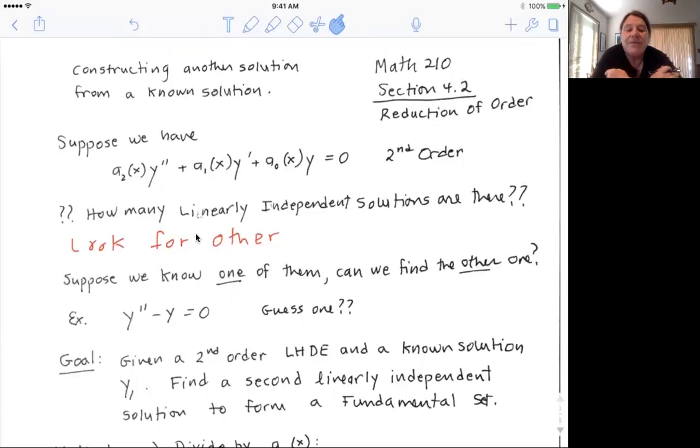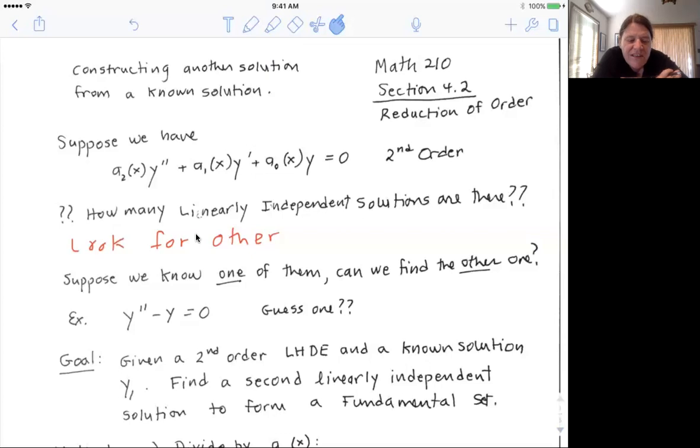By inspection, we know that's got the trivial solution, but the trivial solution cannot be a part of a fundamental set, because if you put 0 as a function in the Wronskian, you're going to get a column of zeros. That indicates the determinant would be 0, so it wouldn't be linearly independent. So we're not going to consider that one.